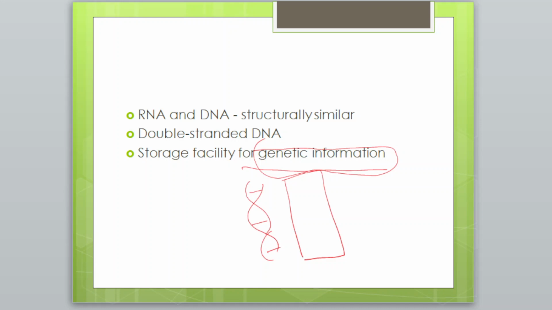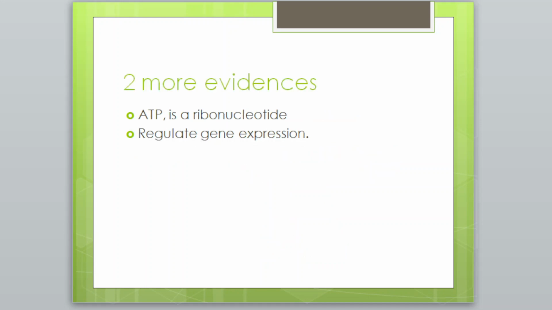Now, two more pieces of evidence that support the RNA world hypothesis are the fact that the energy currency of the cell, that is ATP, is a ribonucleotide, and that RNA can regulate gene expression.